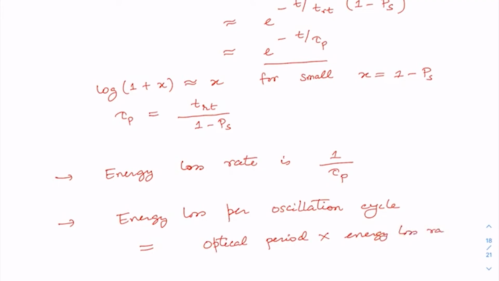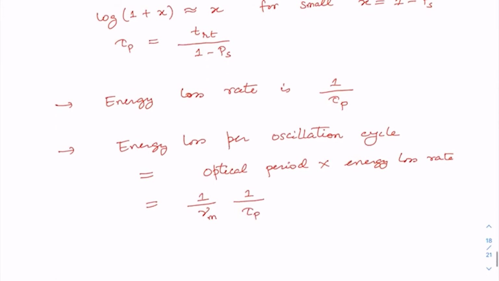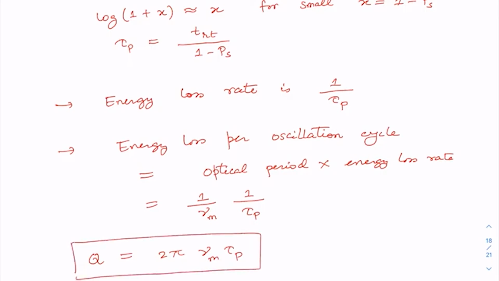The optical period in terms of frequency I can write as 1 by nu m, the resonance frequency of the cavity, and this loss rate is 1 by tau p. So with respect to the stored energy, the quality factor would be 2 pi times nu m tau p.